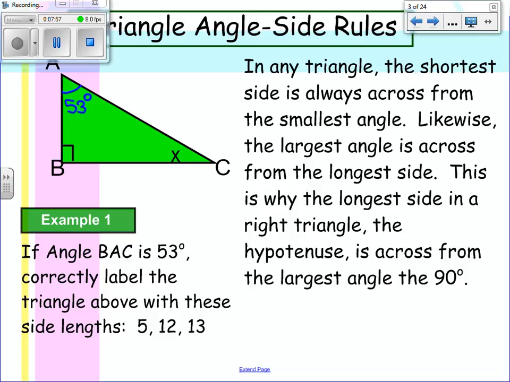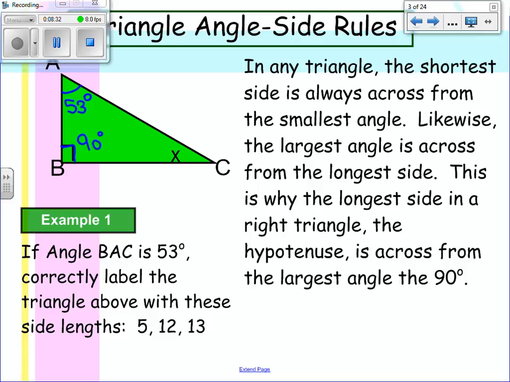The biggest side will go with the biggest angle. On this triangle, do we know all the angles? We know 53. What's this one here? 90. We know that this one's 90. Do we know what this third one is? We don't, right? It's a trick to figure out the third one. Anytime you know 2 angles, you know the third, because all angles have to add up to be 180.